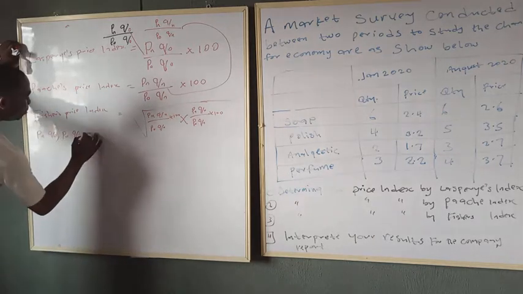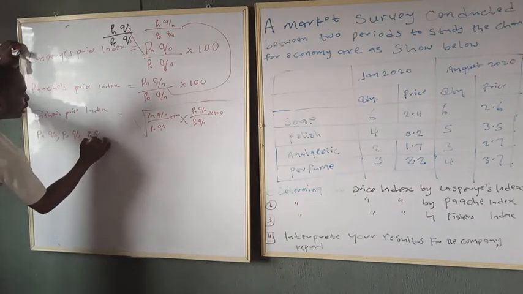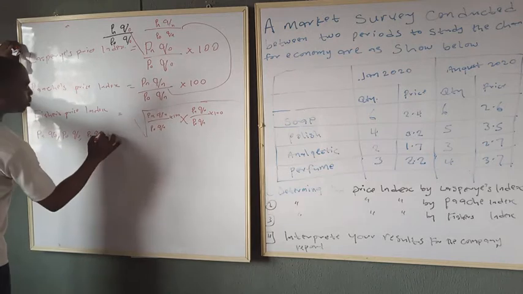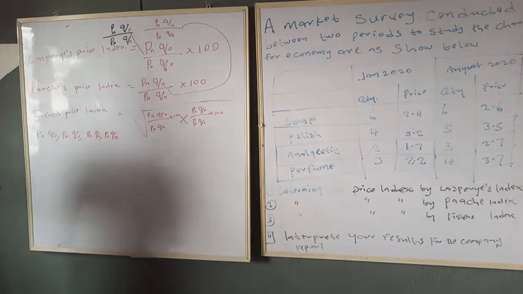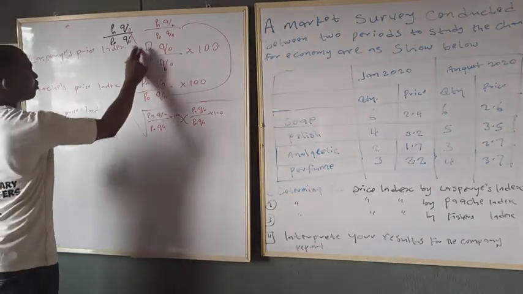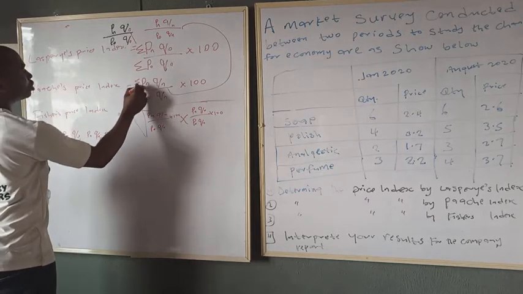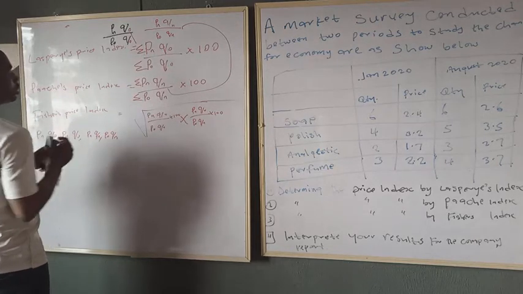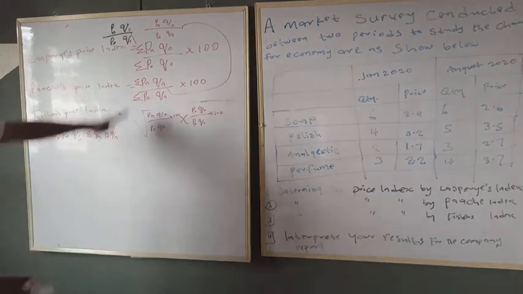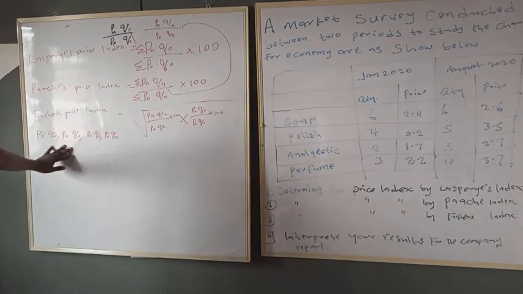Then you need PNQN, and you also need P0QN. So these are the 4 things that you need. Okay, forget the summation. There are summations. So you need all this to compute your formula.